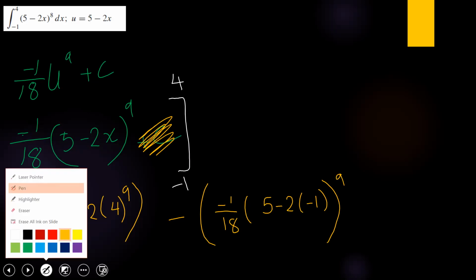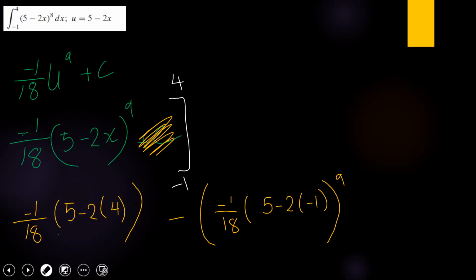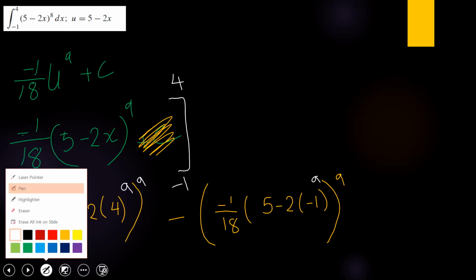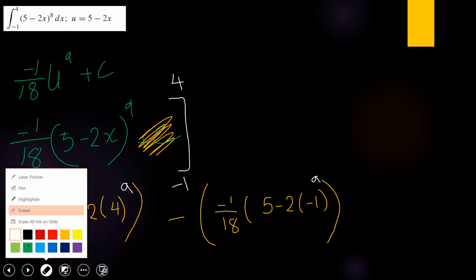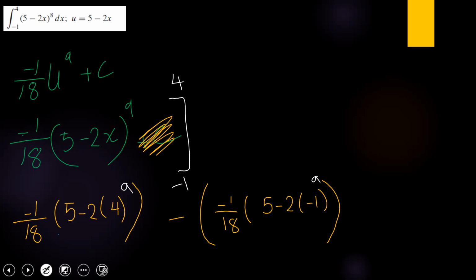Then 5 minus 8 is negative 3. Negative 3 to the power 9.